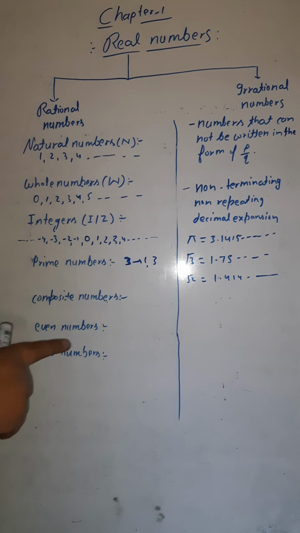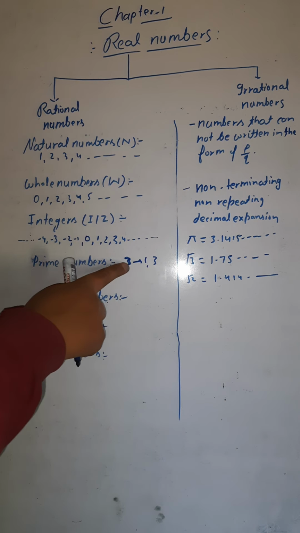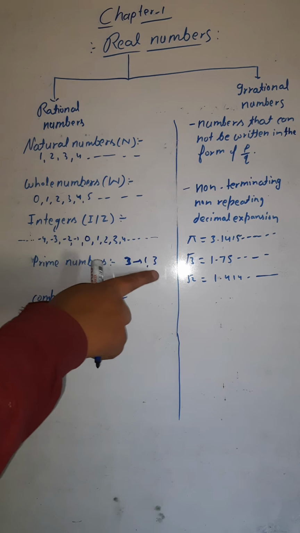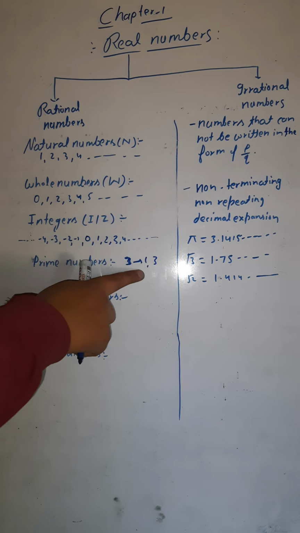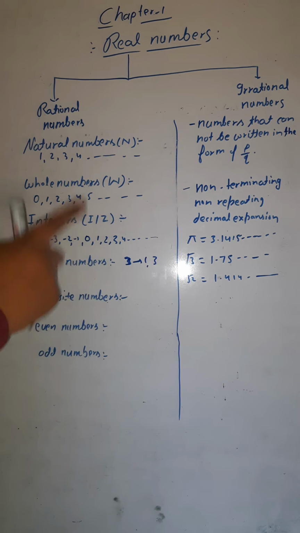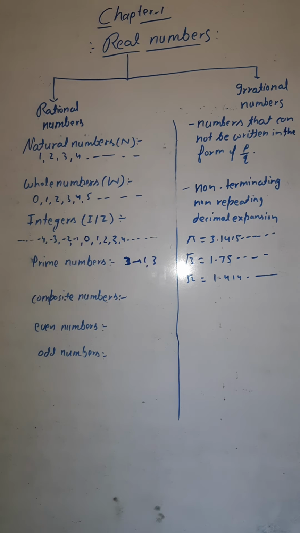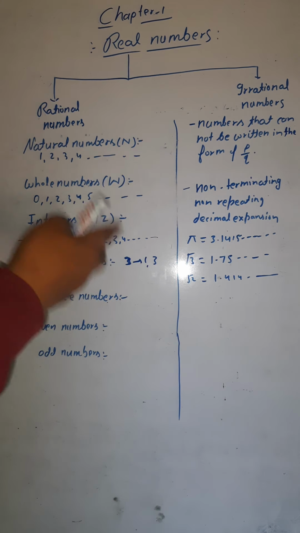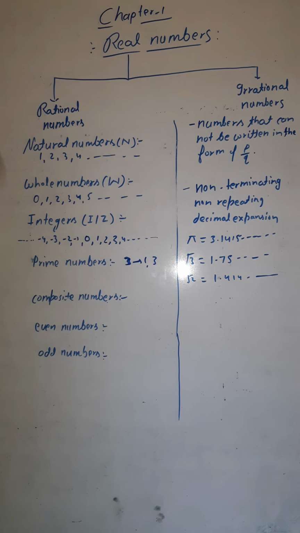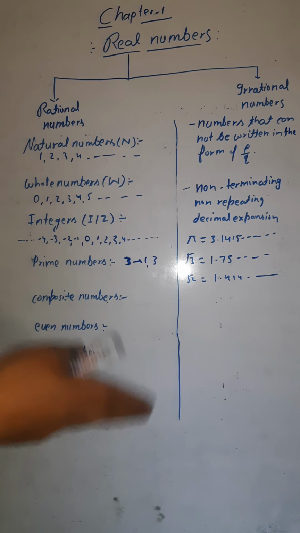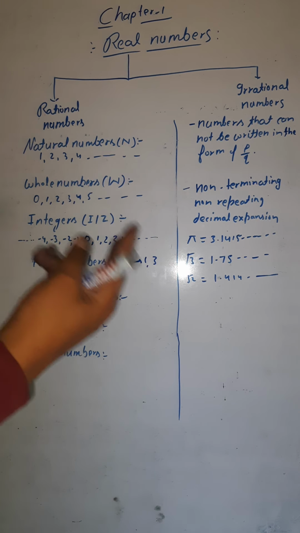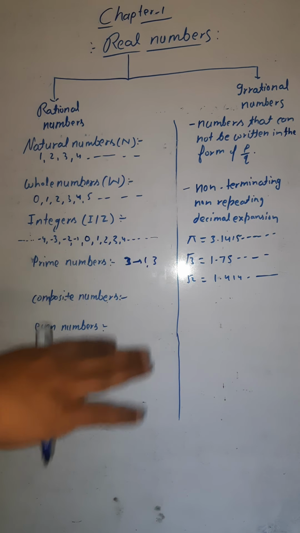Any number which has only two factors, the number itself and 1, such numbers would be called prime numbers. Like 5 is also a prime number, because 5 also has two factors, 1 and 5 itself.